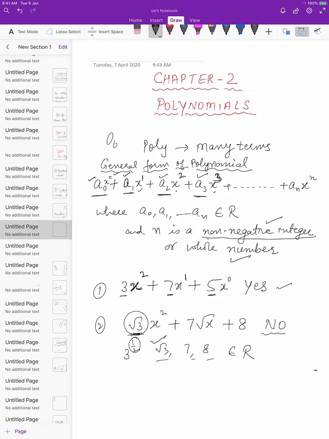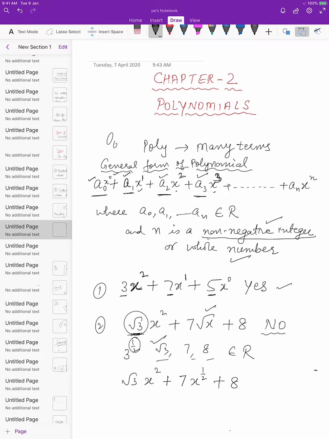The main thing which is creating a problem is the second term. In the first term, the power of the variable is 2, it's okay. In the second term, the power of x is actually 1 by 2. As I told you in the previous chapter, root x or x to the power 1 by 2 is the same thing. So in this case, our second condition, that the power of the variable should be a non-negative integer, is not satisfied here.